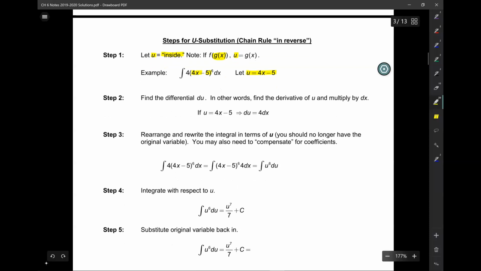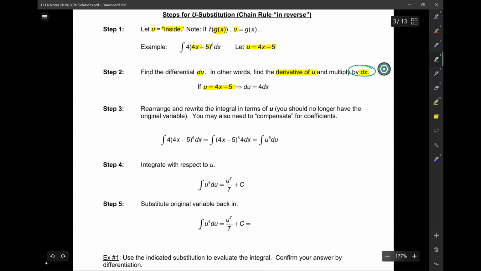Then you have to find what we call du. If u is 4x minus 5, du is what we call the differential. What is the differential? It's the derivative of u multiplied by dx. That's the important part. If you forget that dx, everything goes wrong.